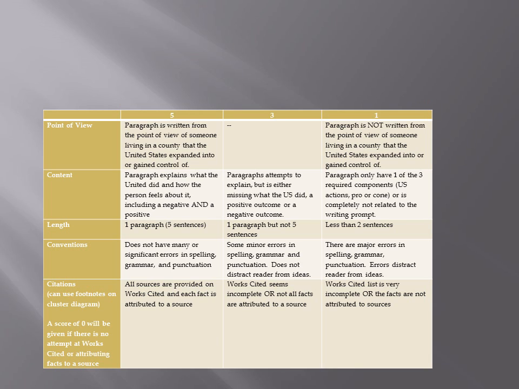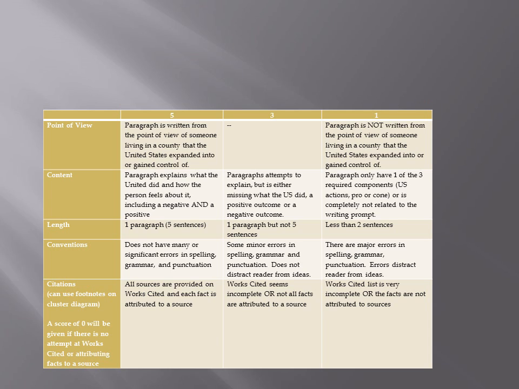As usual, I'm going to look for convention errors, so double check your spelling, punctuation, grammar, capitalization. Make sure that you've corrected everything that you can. Perhaps have a parent or a grandparent or a sibling look over it and see if they see any mistakes. And then, of course, your citations. If you have works cited and you've done parenthetical citations, that's a 5.